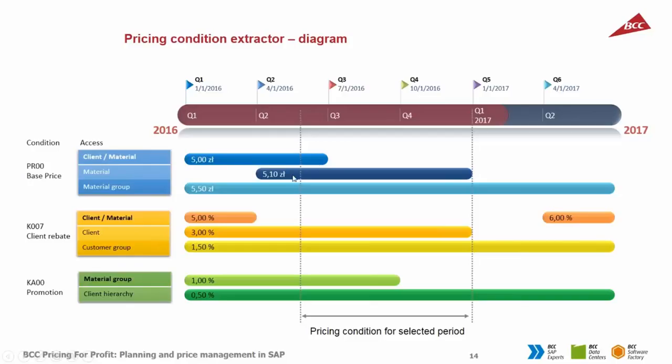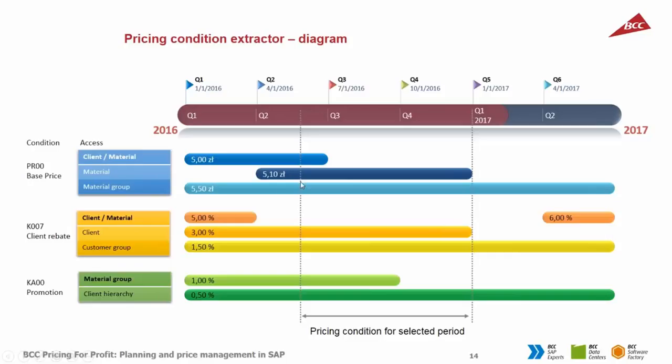The second record will be this one, which shows that for a particular material from the second to the fourth quarter, the price is 5 zlotys and 10 groszy.